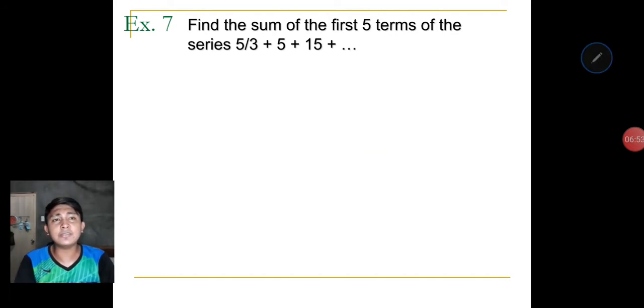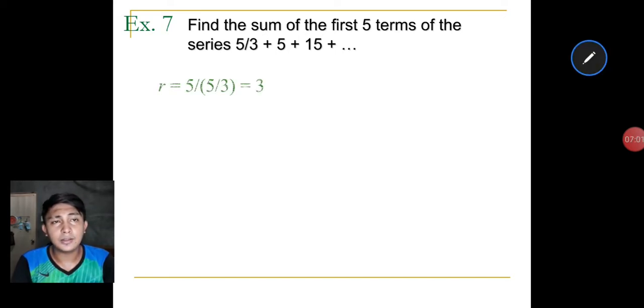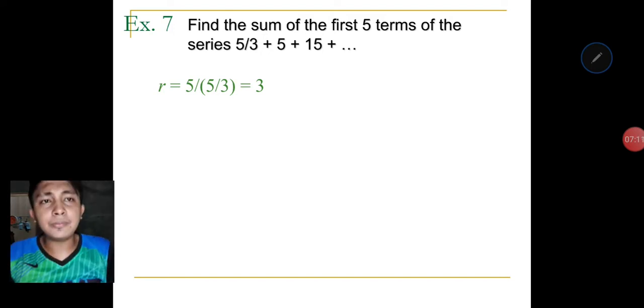Okay, next, find the sum of the first 5 terms of the series 5/3, 5, 15. Okay, so get first the ratio. The ratio 5 divided by 5/3 is equal to 3. Paano kaya nakuha yon?